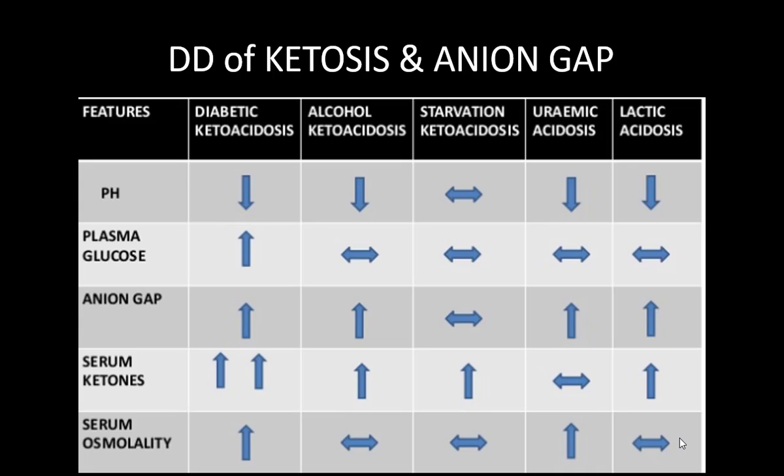In diabetic ketoacidosis, the glucose will go high because that is purely based in diabetic patients. The anion gap will go high in all acidosis except starvation. Serum ketones again are elevated in almost all ketosis, very high in diabetic ketoacidosis. And when you talk about serum osmolality, diabetic and uremic would have a higher serum osmolality as compared to other patients.